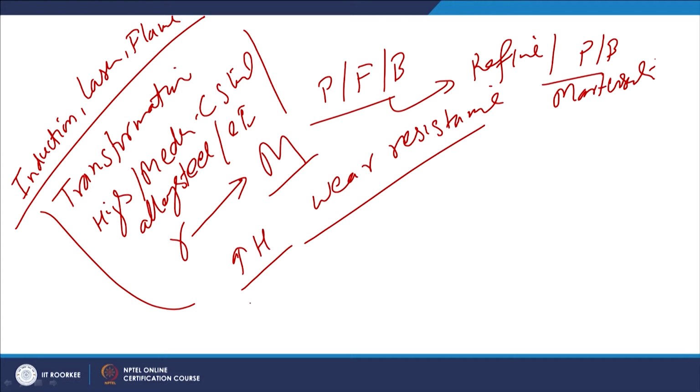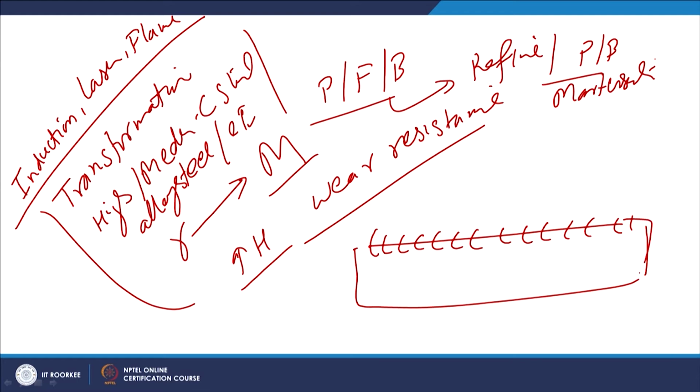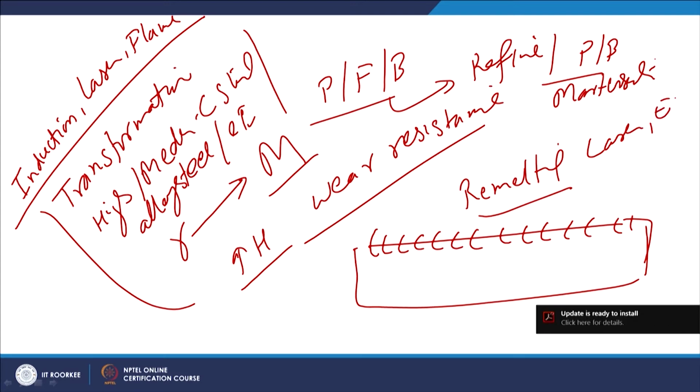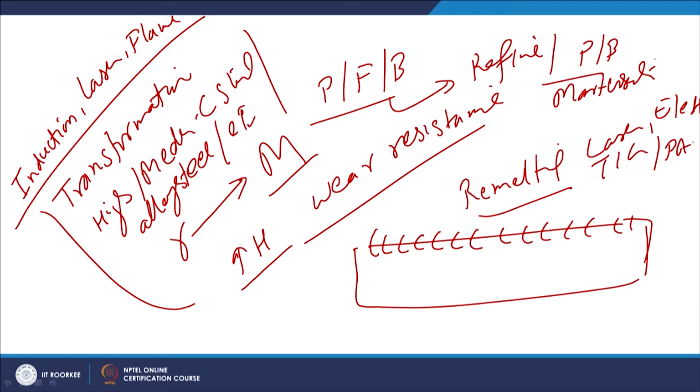There was another category of methods where melting is used. Surface layers are brought to the molten state, followed by rapid cooling due to self quenching, which leads to a refined grain structure. This kind of method is remelting of the surface layers, and it is primarily achieved through the use of a laser or electron beam, or we can use a TIG arc or plasma arc also.